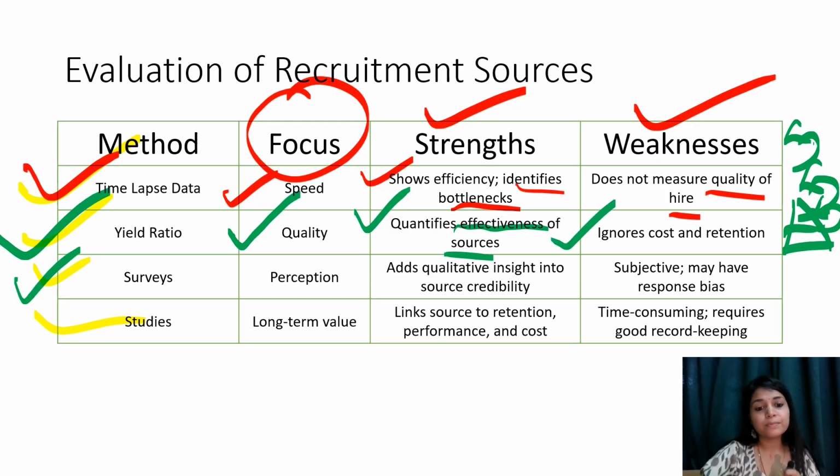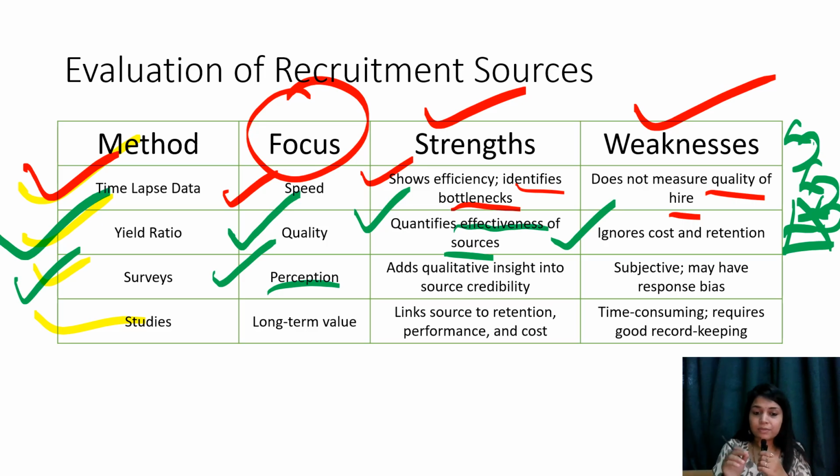Then the third thing is that through surveys we can also evaluate the recruitment sources. The focus of the survey is perception, meaning what I think. The beauty of perception is that my perception is my reality, not your reality. So I may perceive someone as very good but someone else may perceive that person as very bad.